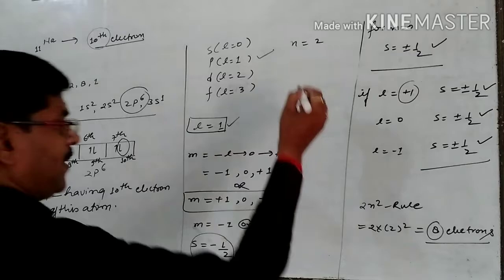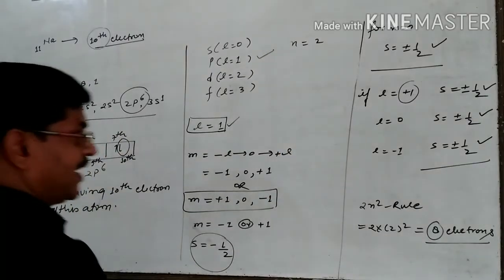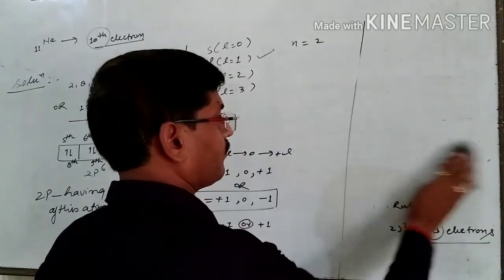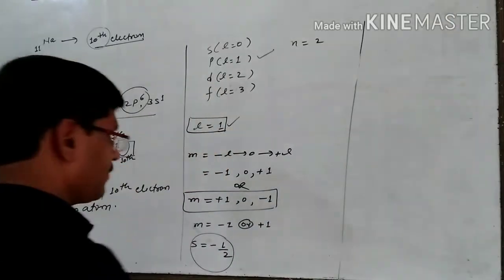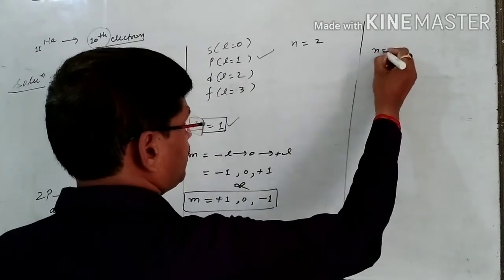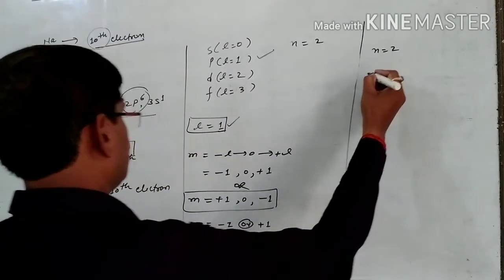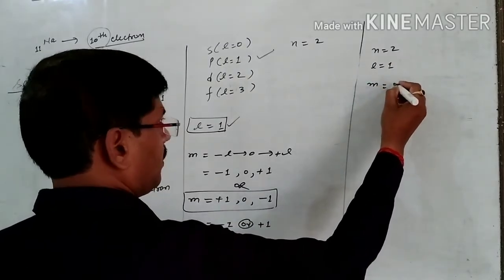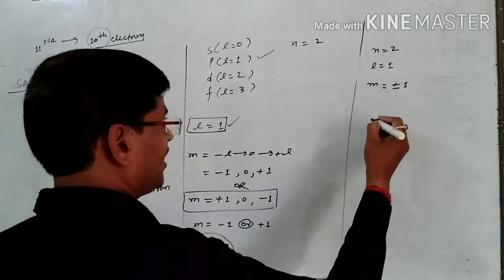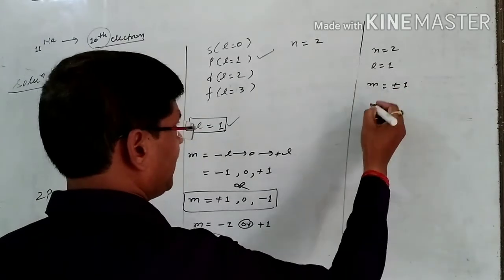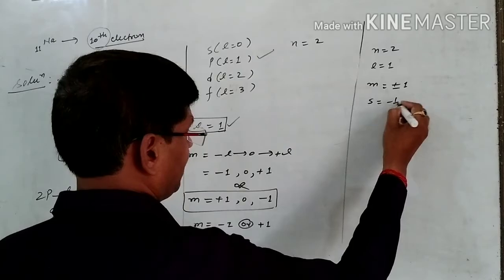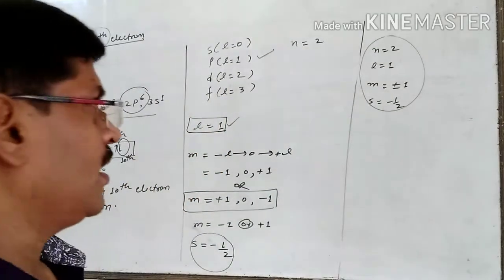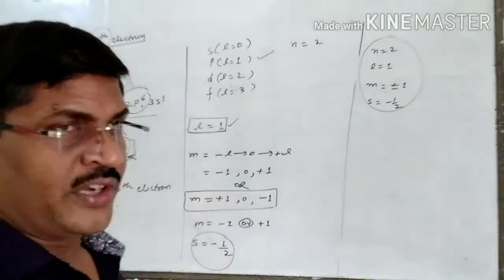It means a complete set for your answer will be, I am writing here, n is equal to 2, l is equal to 1, m is equal to plus 1 or minus 1 in this way, and s for this has value minus half. So this is the complete set of quantum numbers for the 10th electron of the sodium atom.